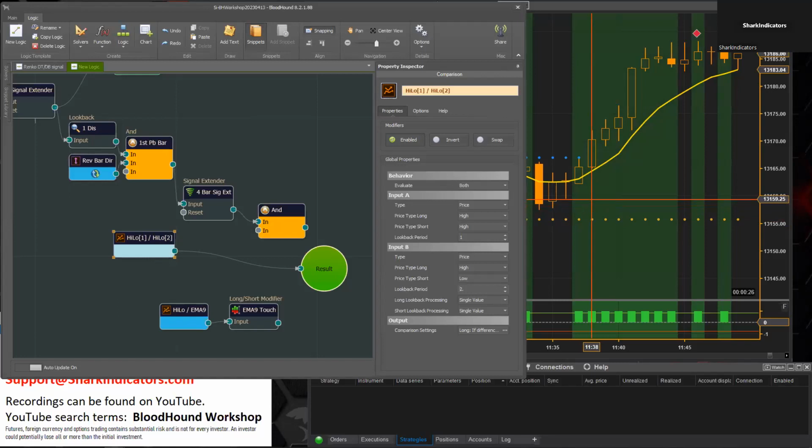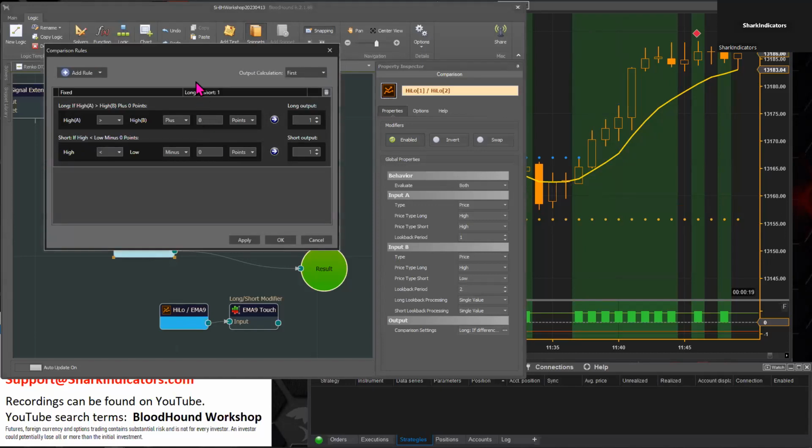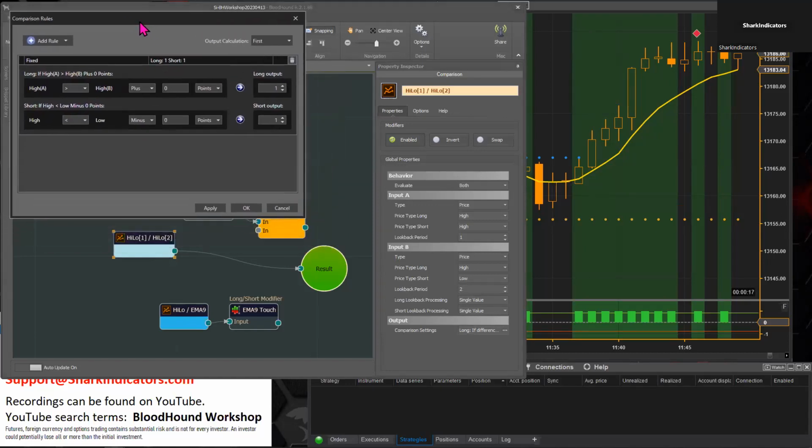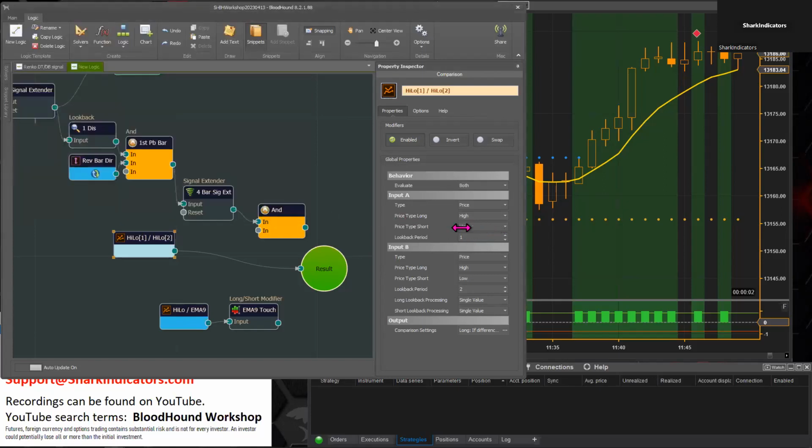Let's go into the rules window here. Oh, I made a mistake. There we go. Input A needed to be the low price.